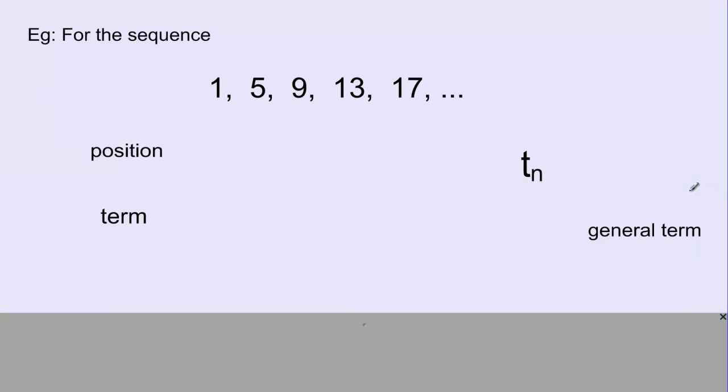So let's take a look at a sequence here. We have the numbers 1, 5, 9, 13, 17, and then we have this ... right here. And what that just means is that this continues on forever.